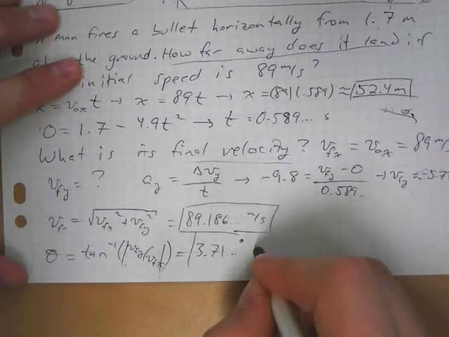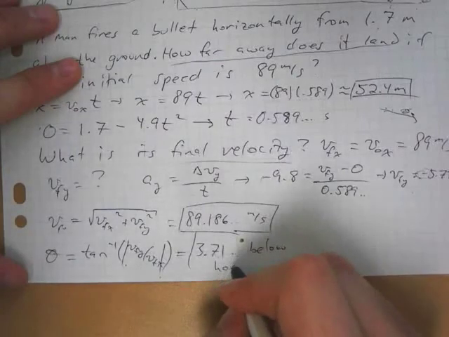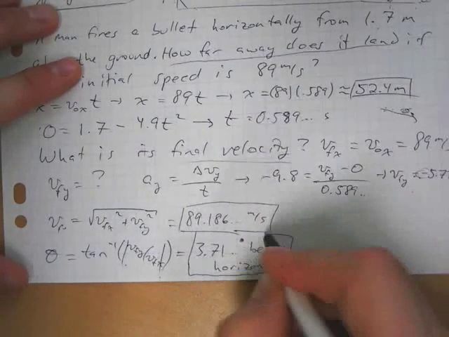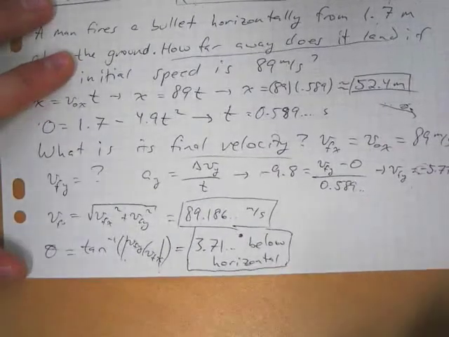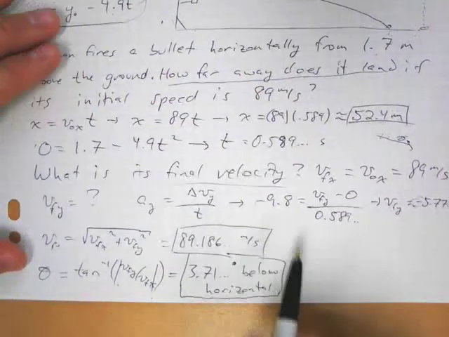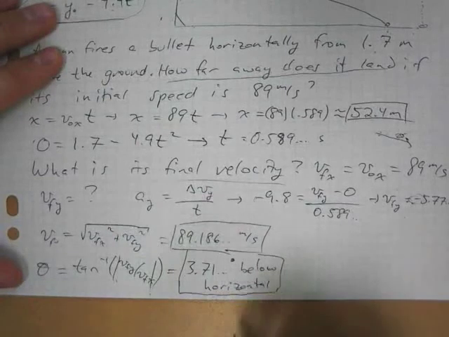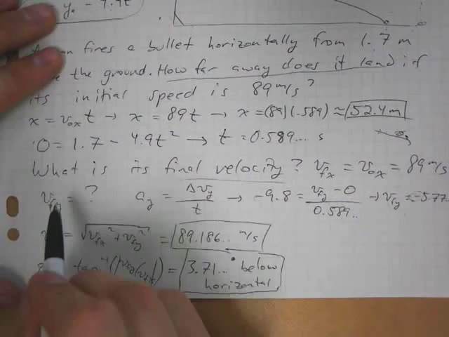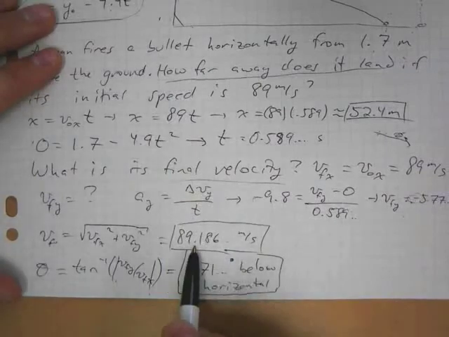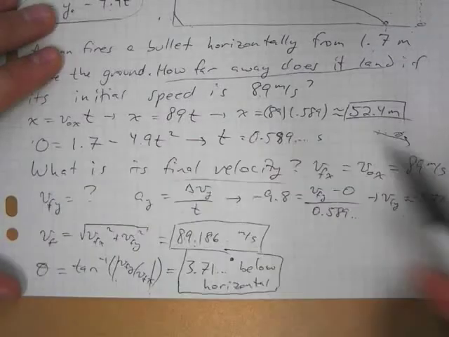Now you notice that this final velocity is very, very close to the initial velocity. That's why it's always good to do the sanity check at the end. Does this answer make sense, or should I go back and look at my calculations and see if I've done something wrong? Well, this 89 is very close to the initial velocity. It's 89.1, this is 89, right? Well, if we think about it, 1.7 meters isn't all that far to fall compared to something going 89 meters per second.